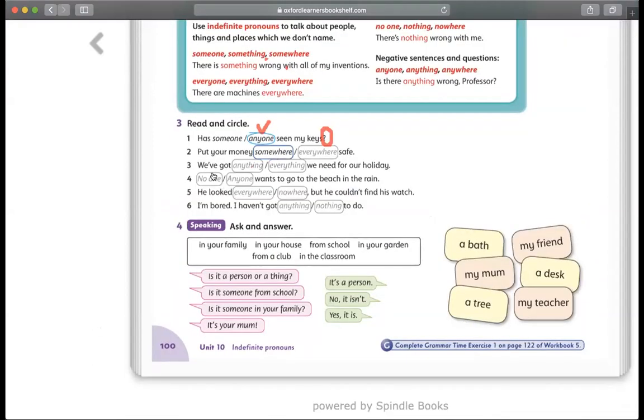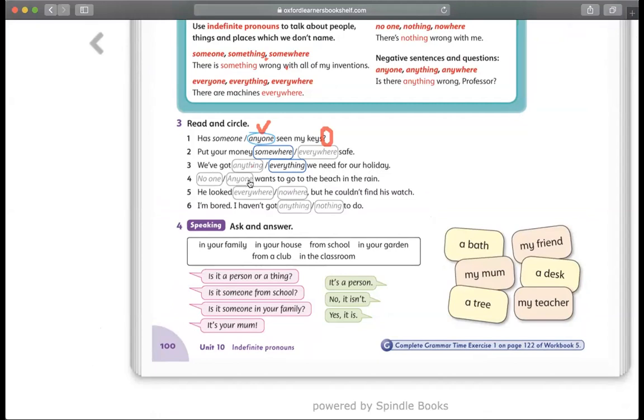Somewhere, okay. We've got anything or everything we need for our holiday. Look at this. We've got, is it a negative sentence? No. Is it a question? No. That's why we use here everything. We've got everything, all things we need for our holiday.